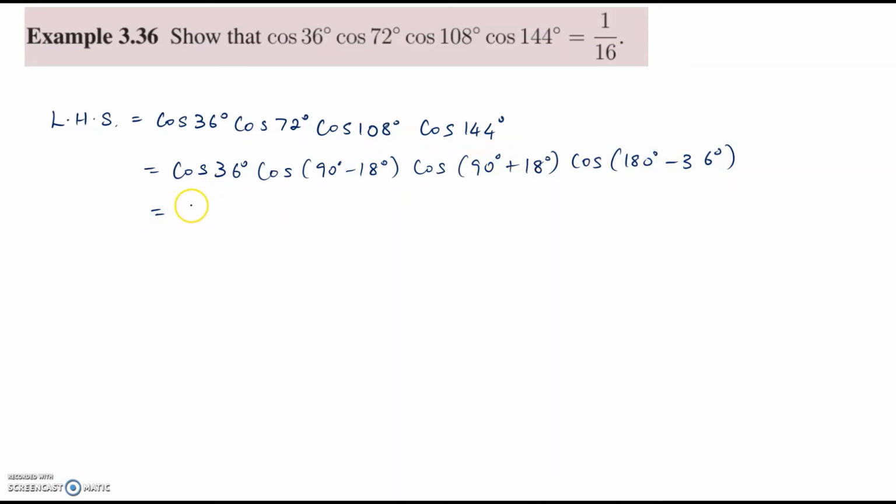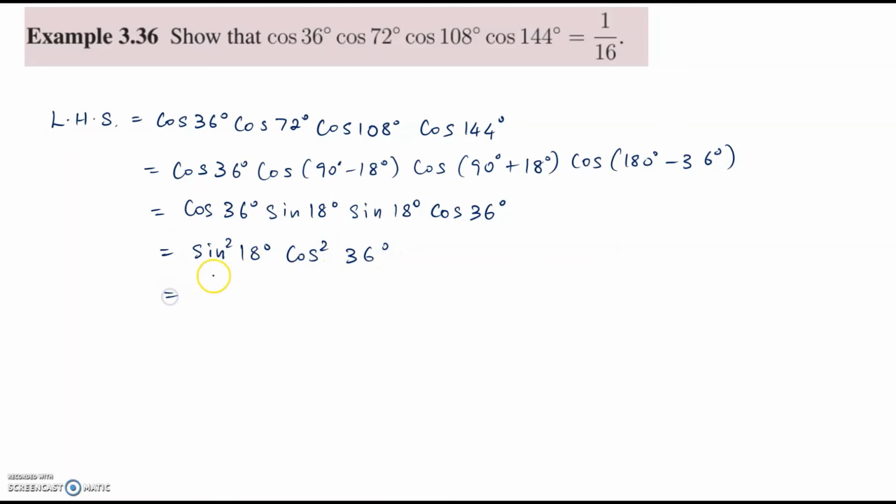So we leave the cos 36 as it is. This we know is sine 18 degrees, and this is also sine 18 degrees, and this is cos 36 degrees. So this is nothing but sine squared 18 degrees into cos squared 36 degrees. We know the value of sine 18 degrees, which we have seen in the previous chapter's example problem.